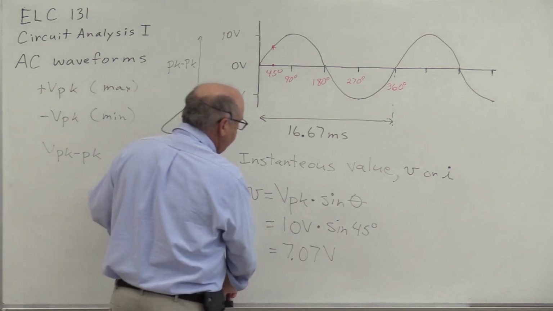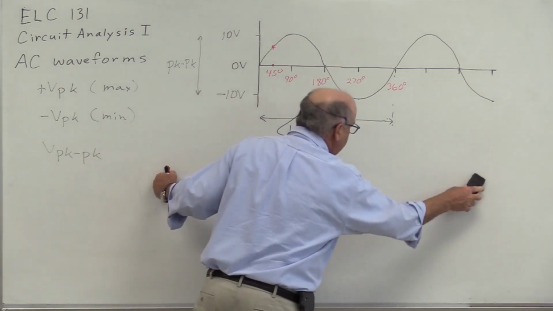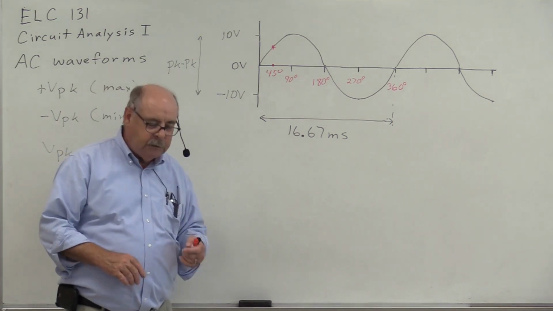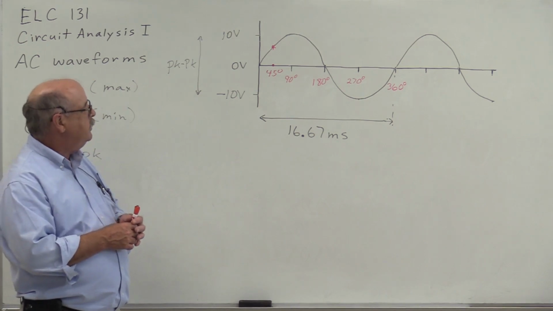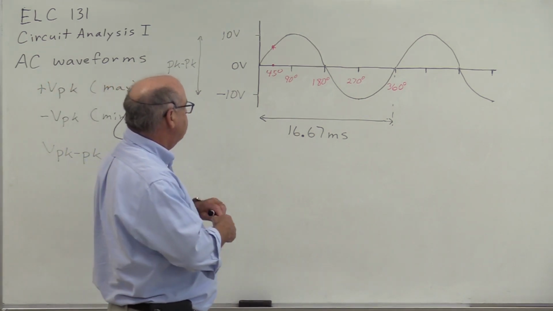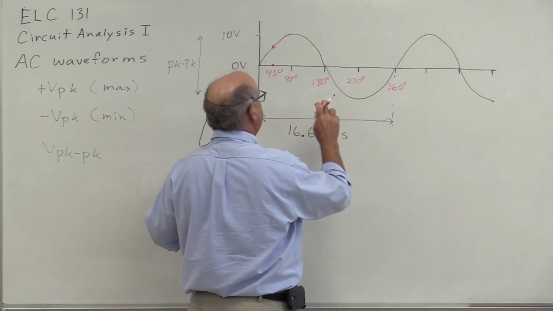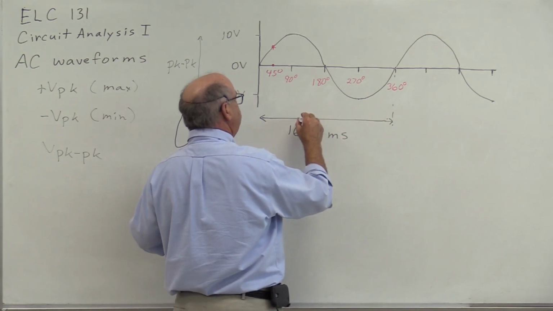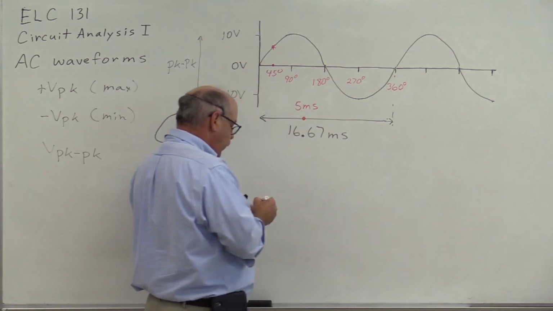So given that one cycle is 16.67 milliseconds, let us calculate the voltage at the instant when time is at 5 milliseconds.